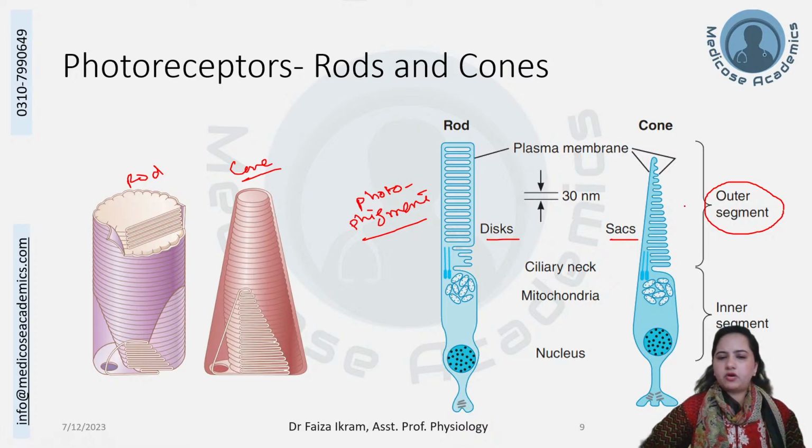The inner segment of rods and cones has nuclei and abundant mitochondria. Lastly, there is a synaptic terminal which will synapse with the bipolar cells.